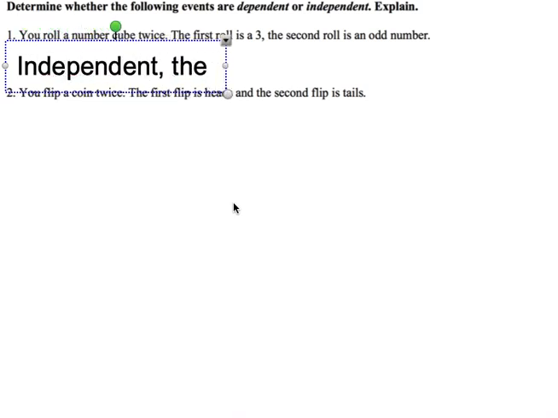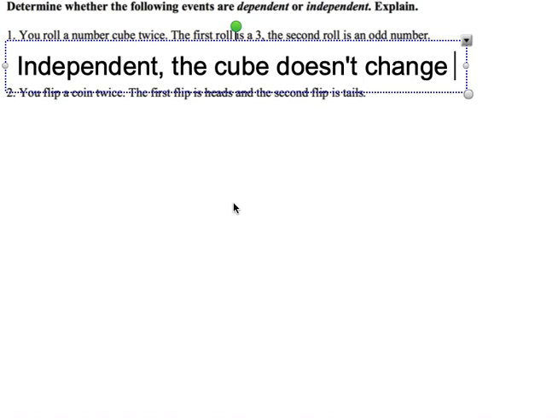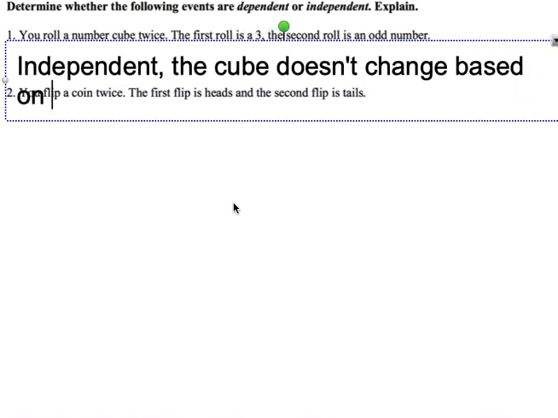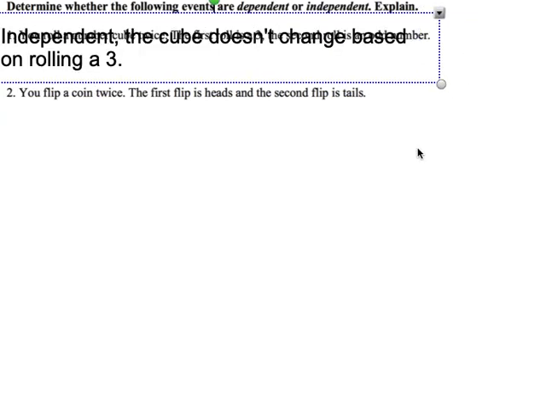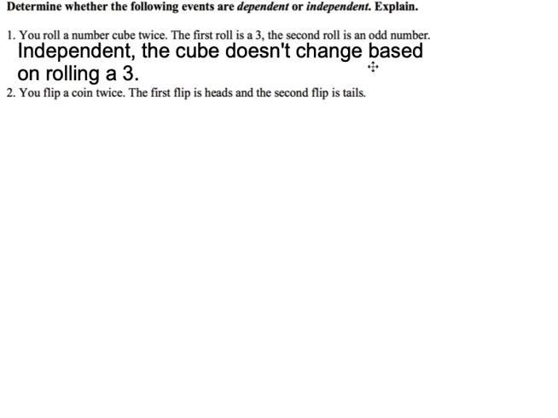And the reason is the cube doesn't change based on rolling a 3. So because the number cube doesn't change, the second roll is independent of what happened the first time.